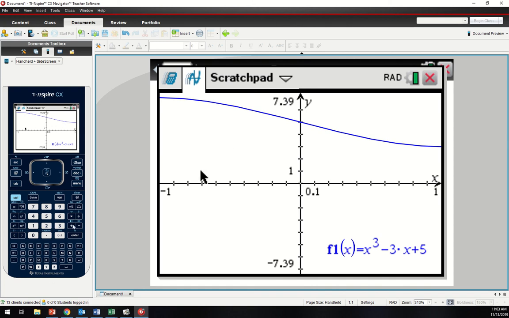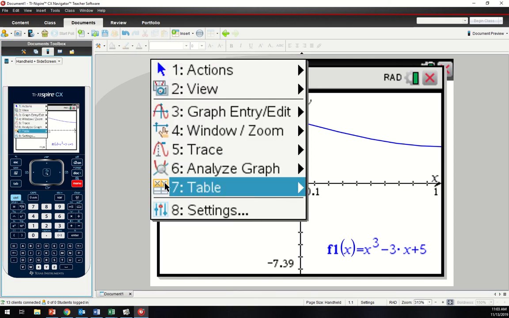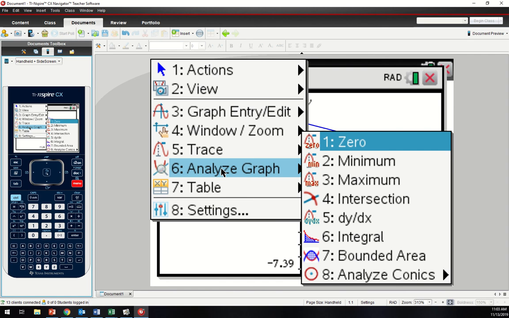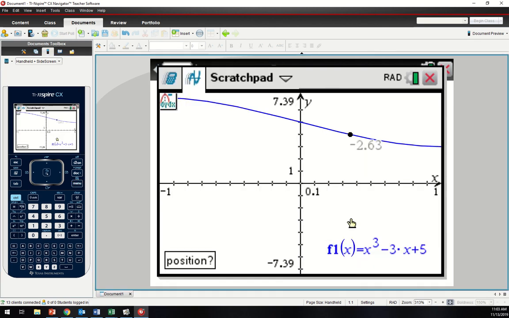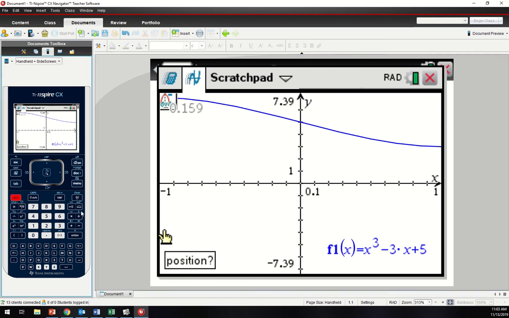So now let's actually try this out. So let's go menu, analyze graph, and what do I want to analyze? The derivative. And I want the derivative where? -2. So watch this, control, divide. Hold on, let me see if I could actually pull this up. Square root of 3 over 3, right?